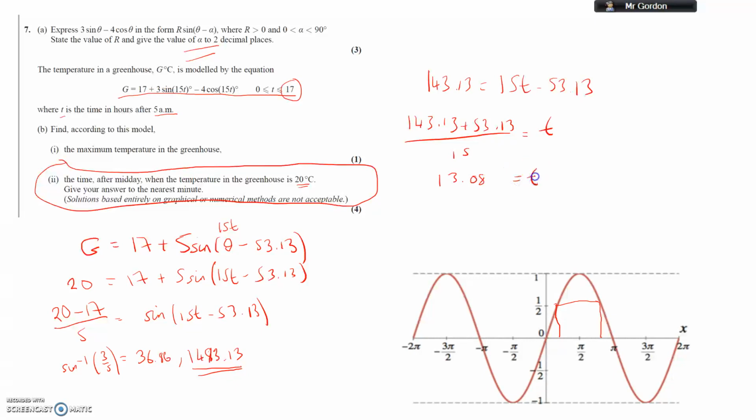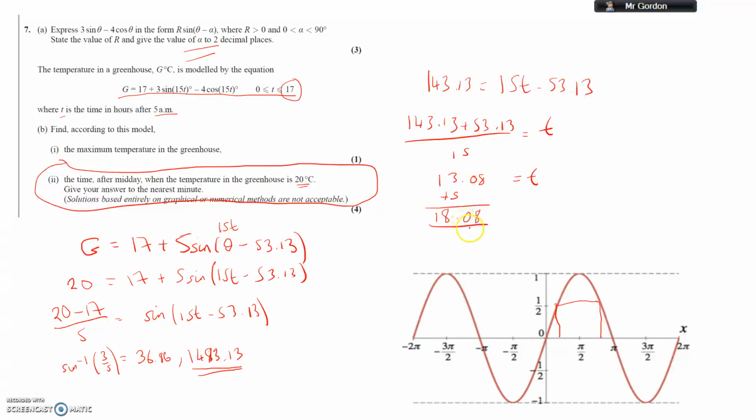Okay? But remember, the model started at 5 o'clock, so this is 13.08 hours after 5 o'clock. So let's add 5 to this to get a time. So we're talking about 18 hours, 0.08.